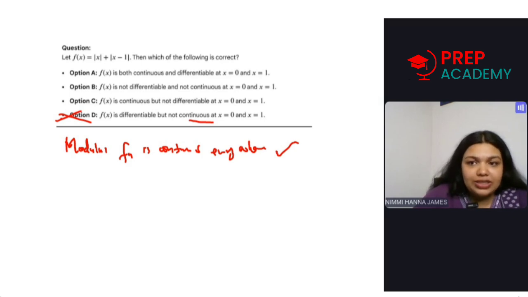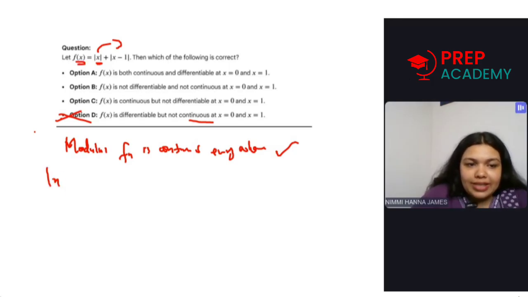For differentiability, the modulus function is differentiable almost everywhere, but it is not differentiable whenever the function inside the modulus becomes 0. So here we actually have two functions, f and g, and f plus g is our function.